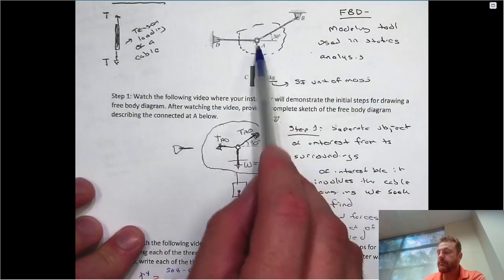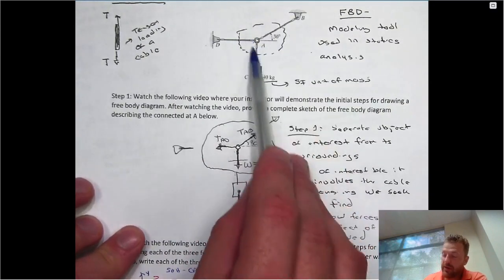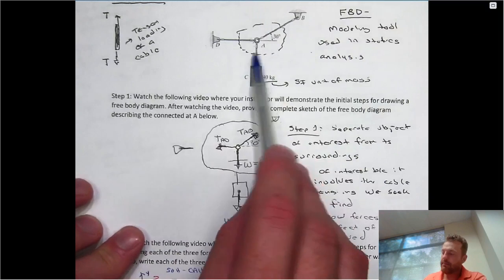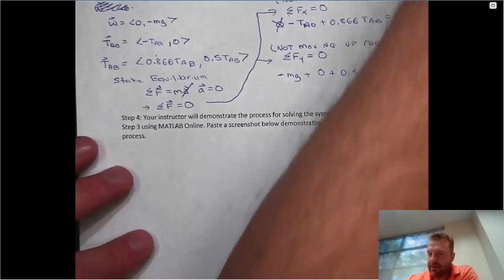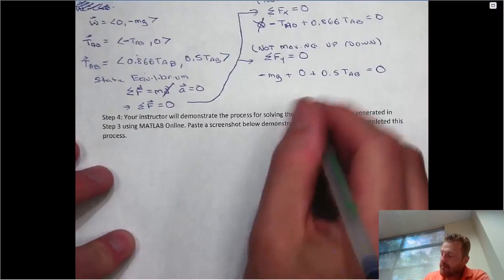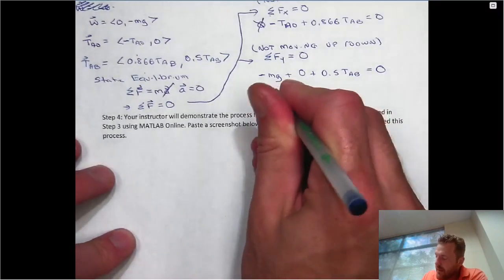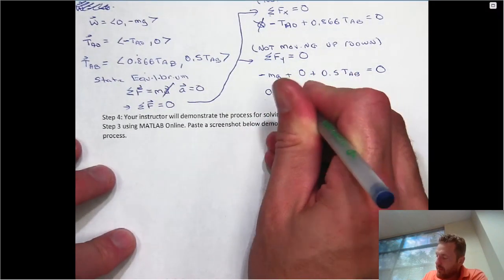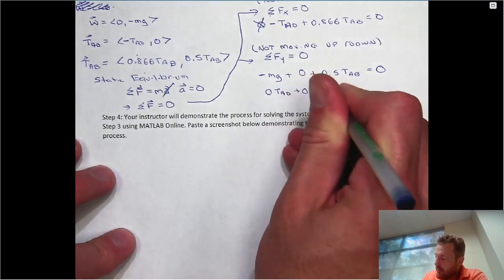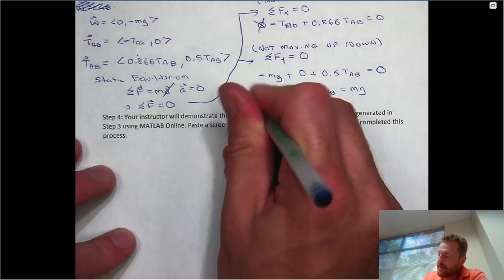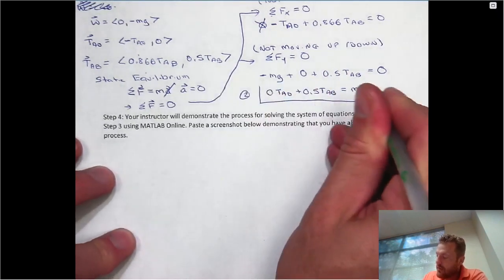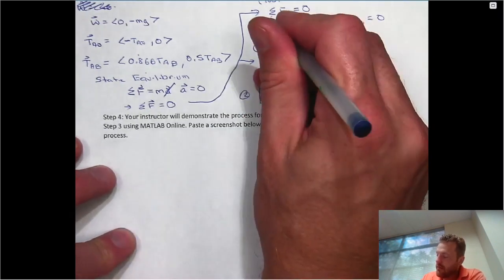So the only cable that has the capability to pull in the upward direction is cable AB, because cable AD is purely pulling to the left. So it's going to look a little bit weird for you, but I'm going to leave it like this. I'm going to rewrite it like this: 0 TAD plus 0.5 TAB equals mg. I'm going to say that this is equation 2 and this is equation 1.